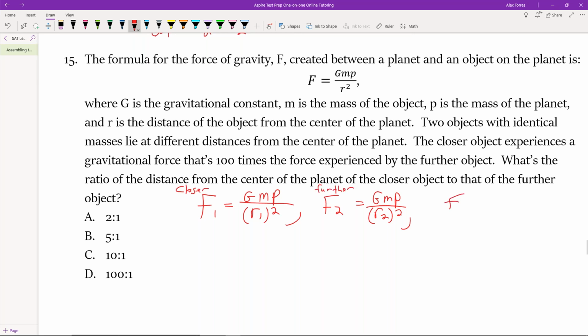But the closer object has a force that's 100 times the further object. So F1 is 100 times F2. Now filling into that, for F1, we had GMP over R1 squared. For F2, we have GMP over R2 squared.